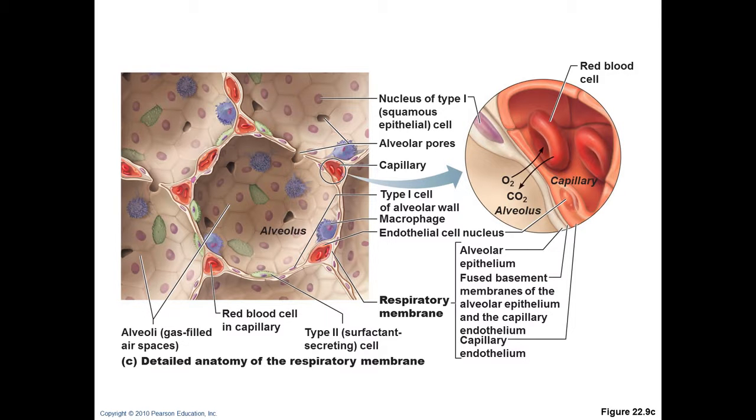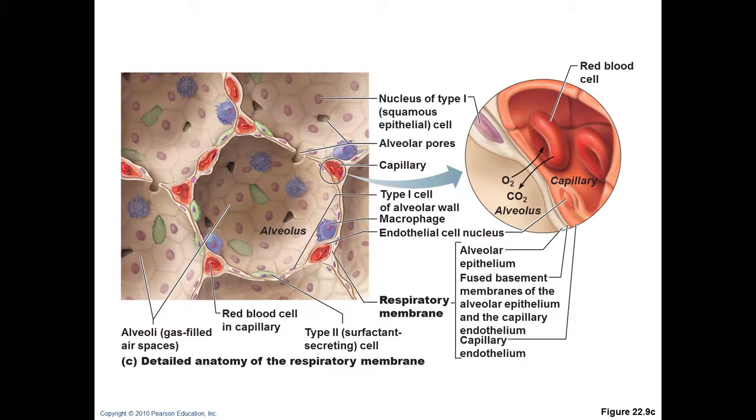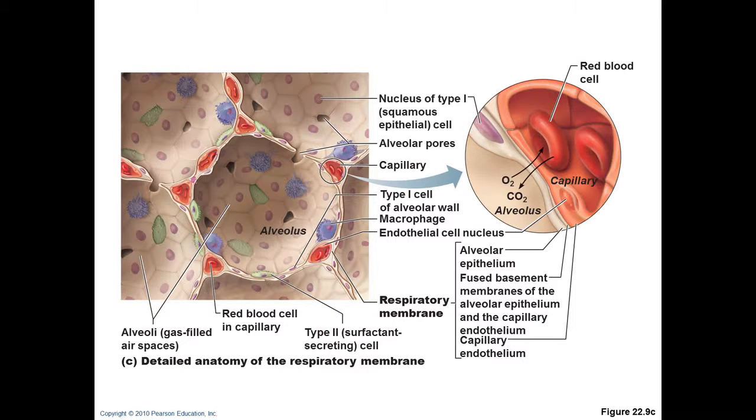And the alveoli of your lungs are a very good place to have macrophages hanging out because you do not want bacteria and viruses, things that can cause infection, down in those very delicate tissues where you need to do your gas exchange. That's kind of important.